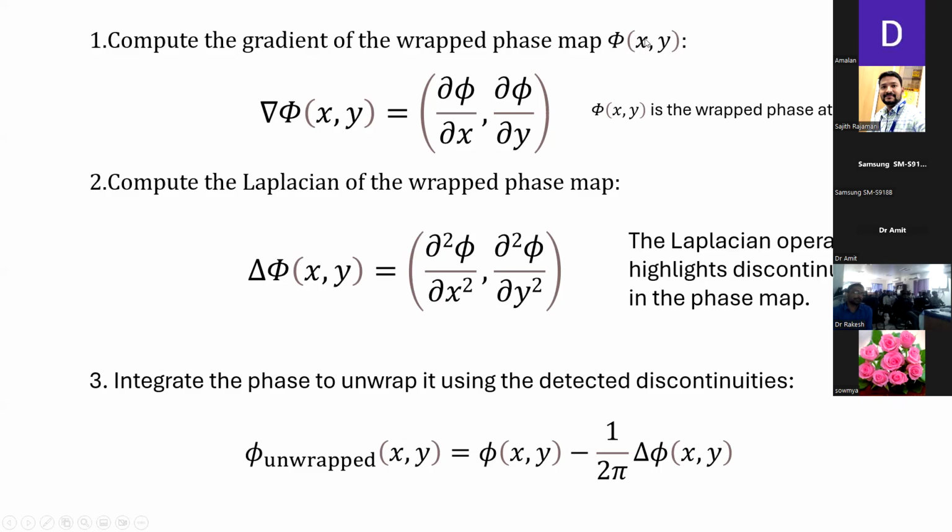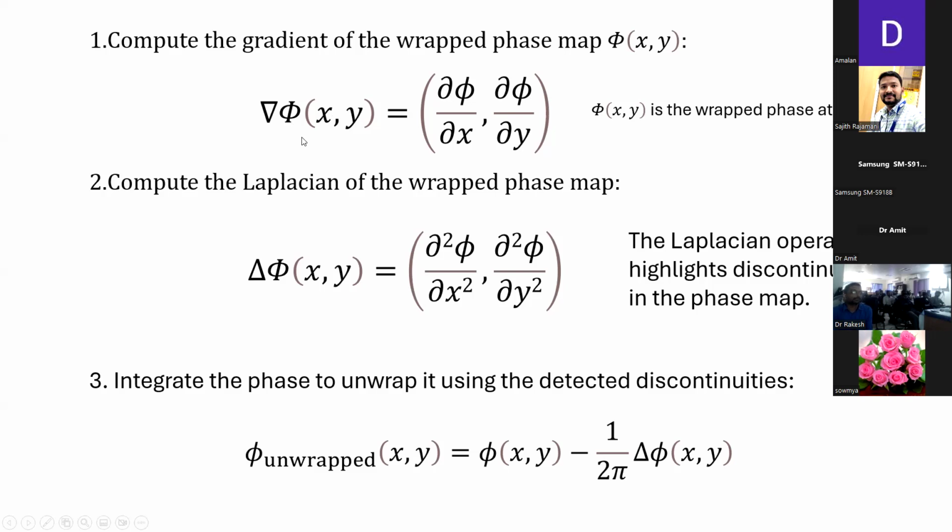How do we calculate the gradient? This gradient, del phi, we can get by taking the partial derivative of phi with respect to x and the partial derivative of phi with respect to y. If we do that, we will get the gradient in the x and y directions. From the pixel information we can generate a gradient map.